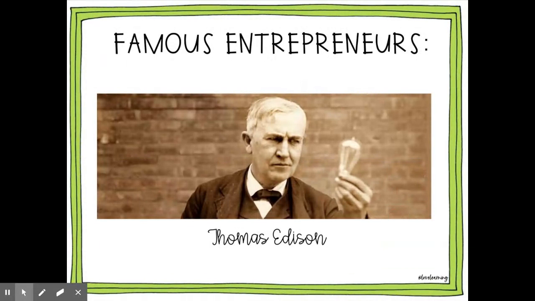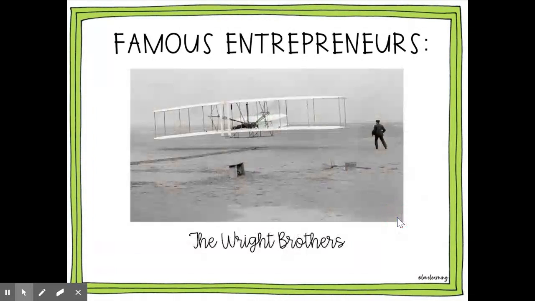Some famous entrepreneurs: Thomas Edison. You remember, he had a lot of failures before perfecting that light bulb. And then he sold it for a ton of money. The Wright brothers. Remember, the Wright brothers owned a bicycle shop before they came down to little old Kitty Hawk and flew that first airplane.